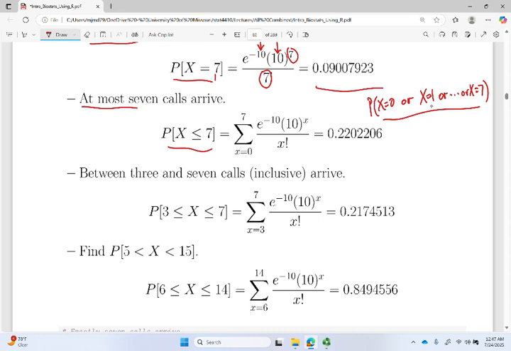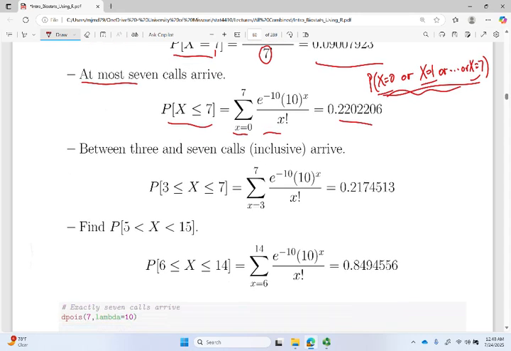Can you receive 1 call and, say, 5 calls in 1 hour at the same time? Remember, you're looking at the total number of calls. You can't. So these are mutually exclusive events. So we add the individual probabilities, and that's what this is. We let x go from 0 to 7, and we do this calculation as 22%.